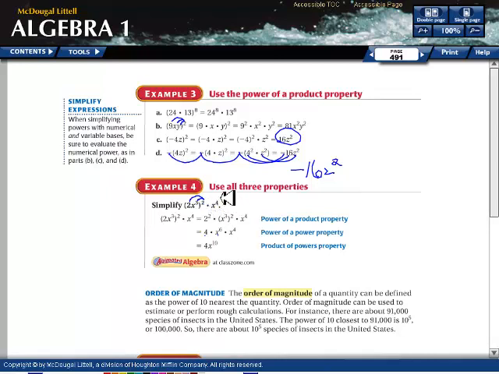Now, there's also this extra times x to the 4th out here. So when I've got my 4 times x to the 6th times x to the 4th, these two have like bases, and when you're multiplying like bases, we add the exponents, and that's where we get our final answer of 4x to the 10th.